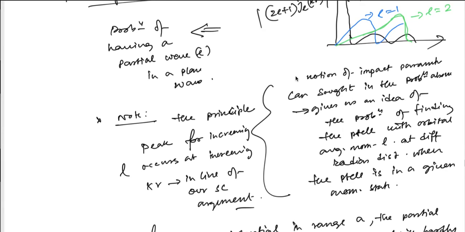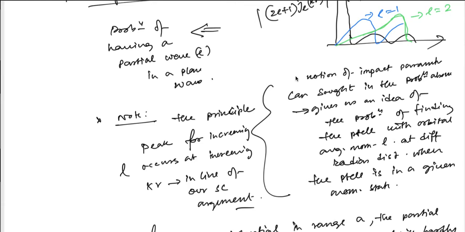So it gives you an idea about the probability of finding a particle in a particular angular momentum L at a defined radial distance when the particle is in a given momentum state, which is a plane wave state.